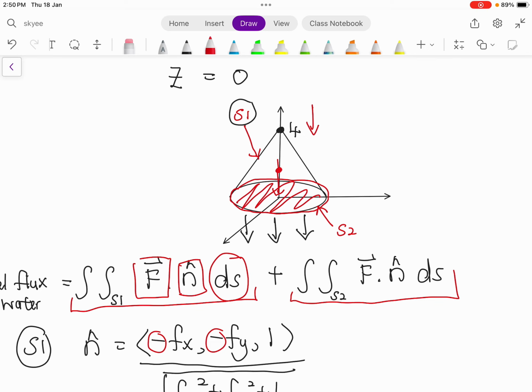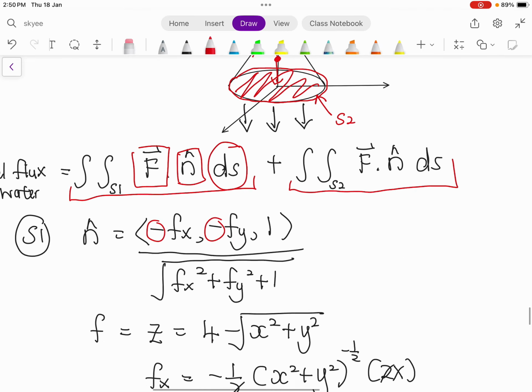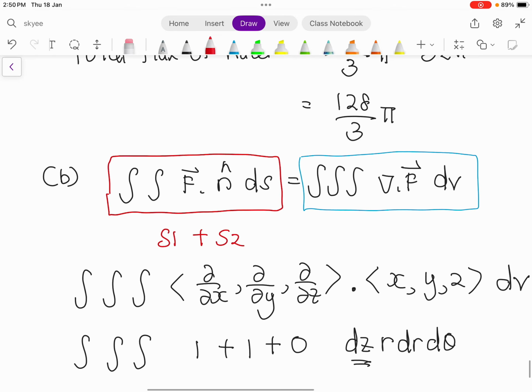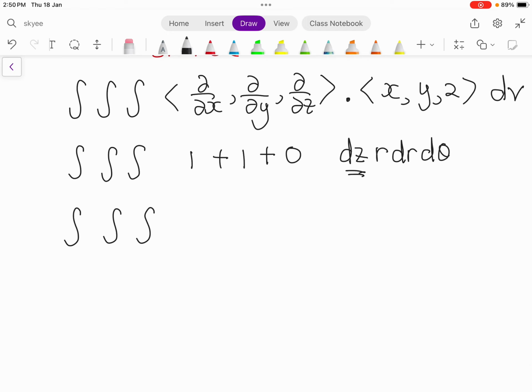When you look up, you see the cone surface, which is represented by the equation of the cone. So your dz will be from 0, the base, up to the equation of the cone, which is 4 minus the square root of x squared plus y squared.